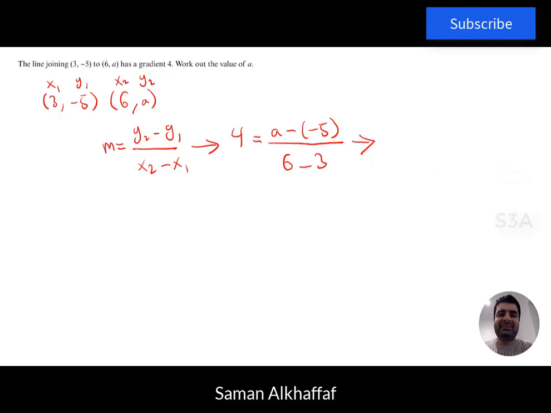So to simplify this expression, we have 4 equals a plus 5 over 6 take away 3, that will be 3. Now we cross multiply, so that will give us 12 equals a plus 5. So we would have a being equivalent to 7, which is our answer for this question.